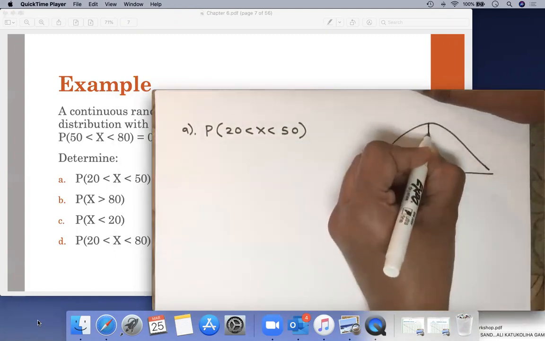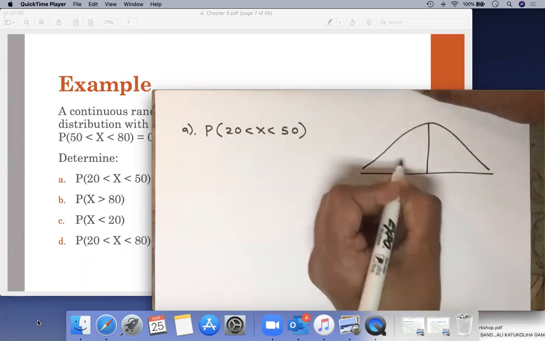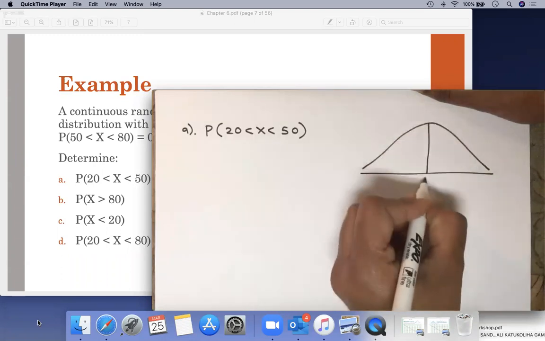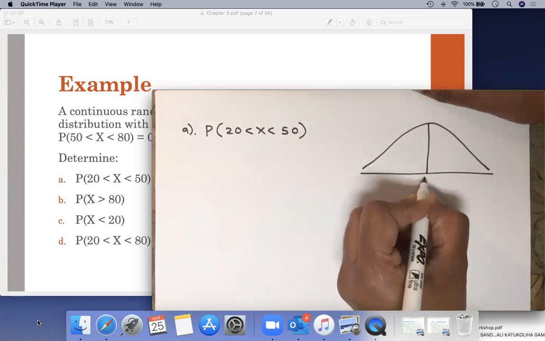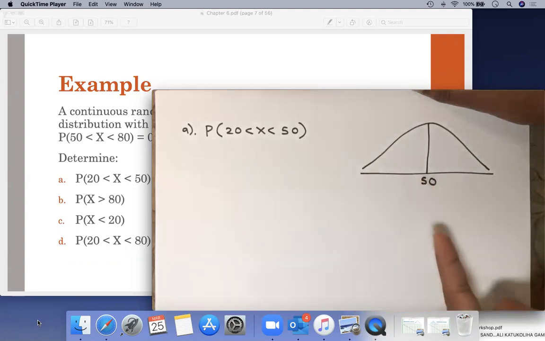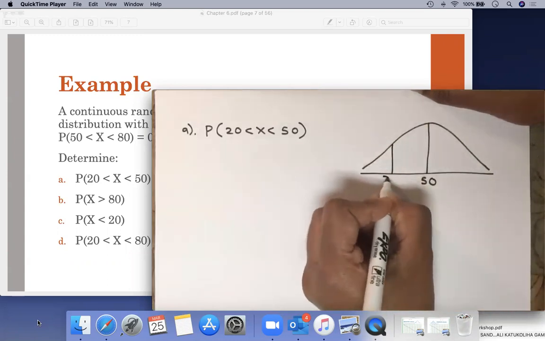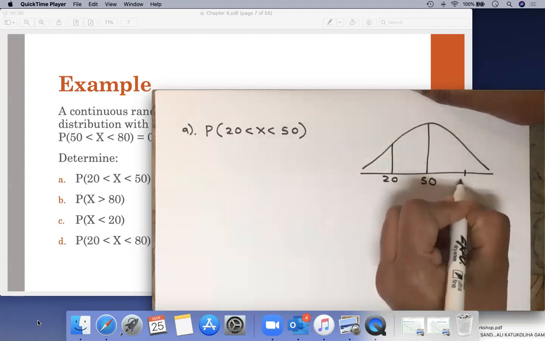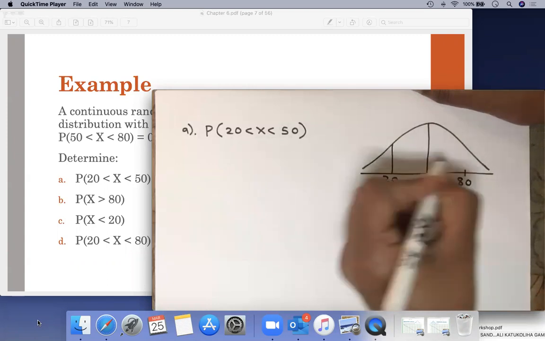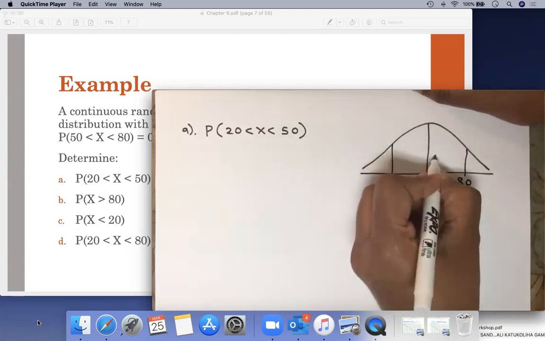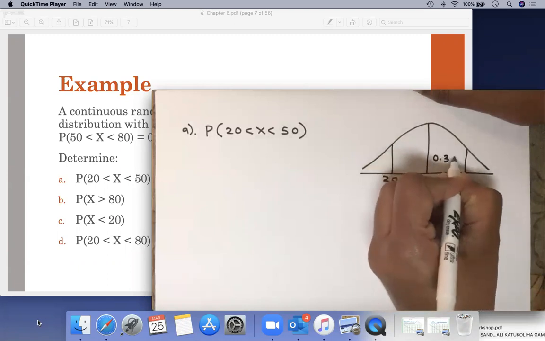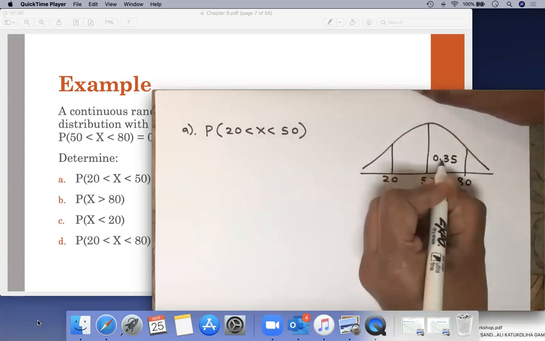It's a symmetric one, that means this is symmetric around this mean. The mean of the distribution is 50, so it will be here, the middle place. Then on this side we have 20, the same distance. Here we have 80. So the area of this part is 0.35.